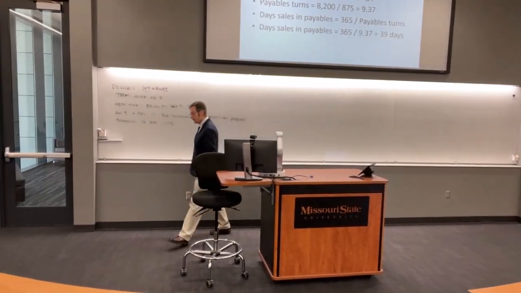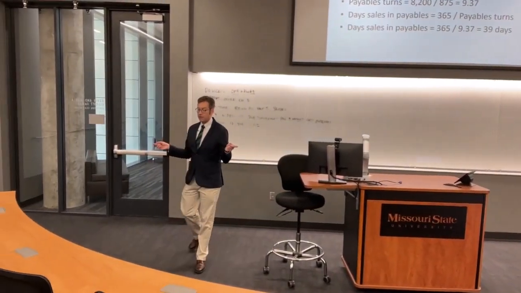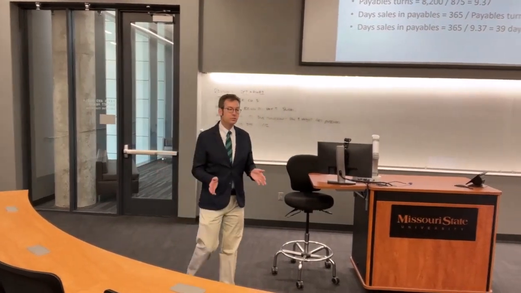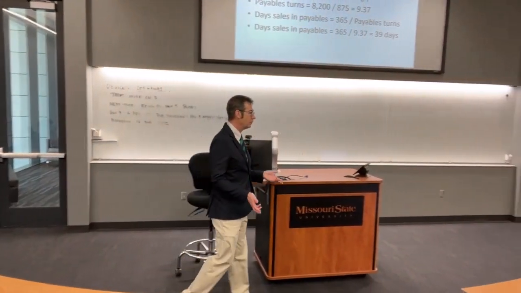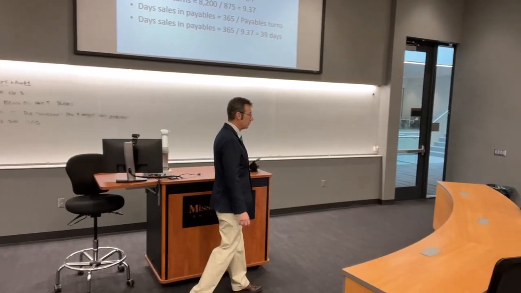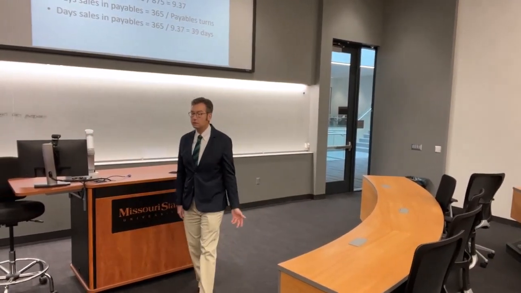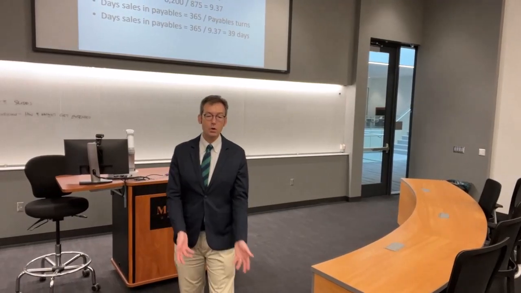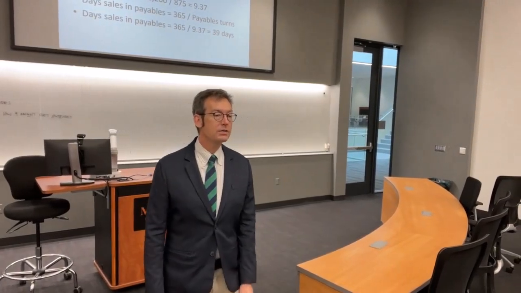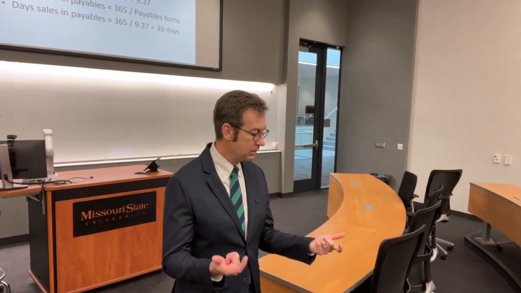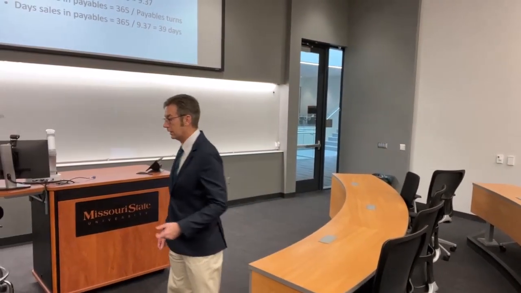Okay, now we know in order to get to this cash cycle, we have to subtract the accounts payable period from the operating cycle. So, how are we going to calculate it? As we said earlier, we're going to take the cost of goods sold because the accounts payable and the cost of goods sold are both recorded at cost the same as inventory.